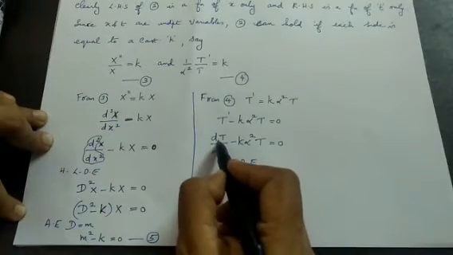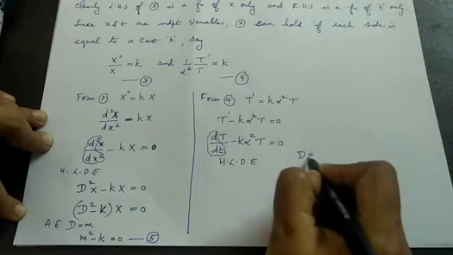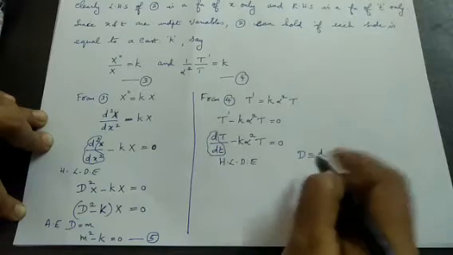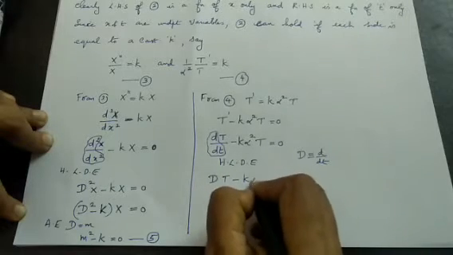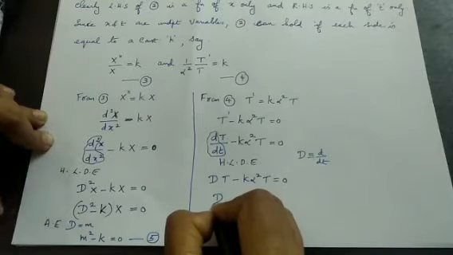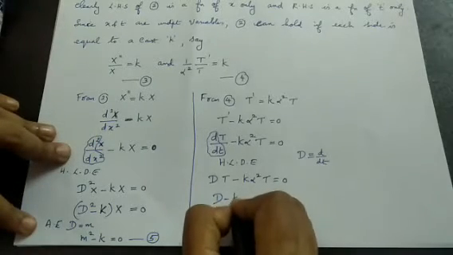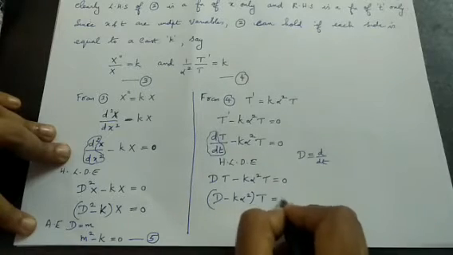Again, this can be written as dT/dt minus k alpha square into T equal to 0.